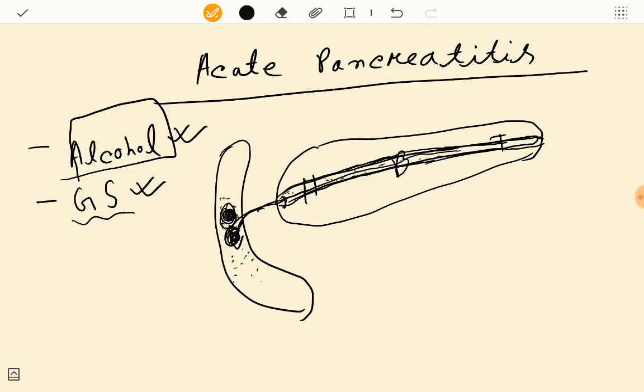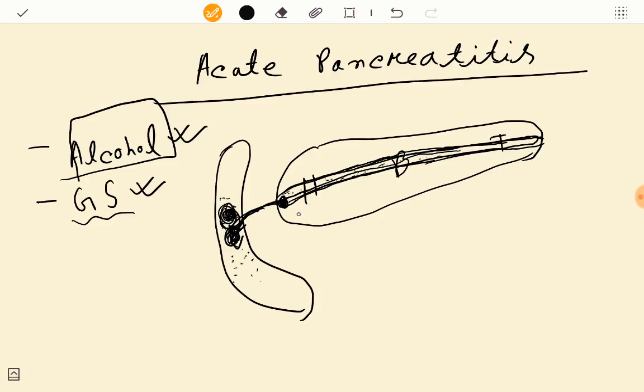When we consume too much alcohol, the sphincter of Oddi, which is normally relaxed when there are food particles in the duodenum, will release the enzyme. But when we consume too much alcohol, the sphincter of Oddi is not relaxed, it becomes constricted.